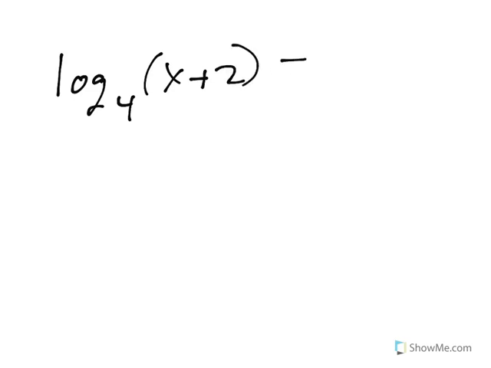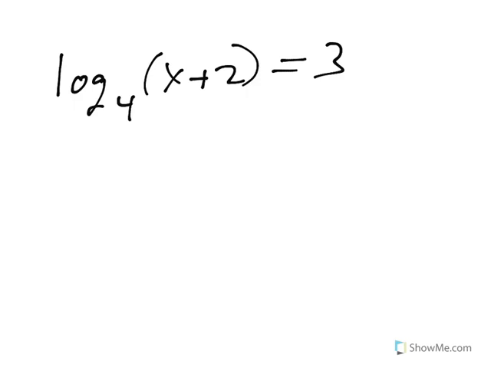Before I do log inequalities, I want to do a quick review of log equalities. So here's a question: log base 4 of x plus 2 is equal to 3.